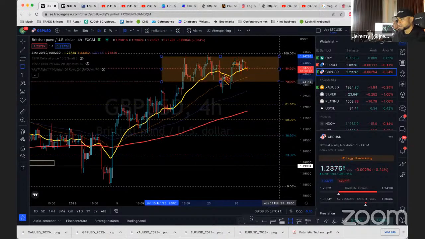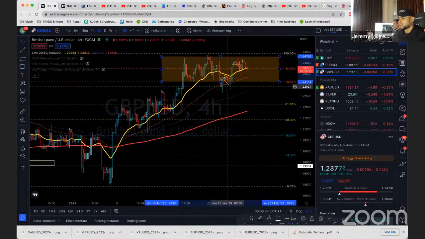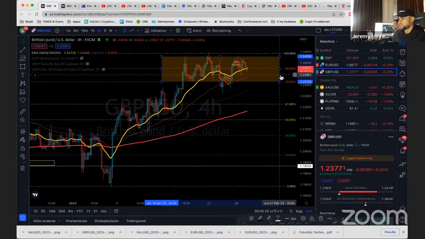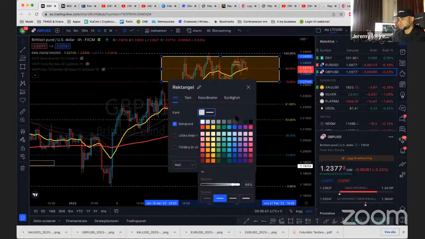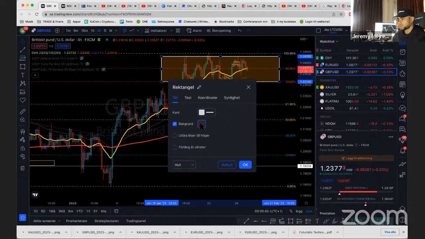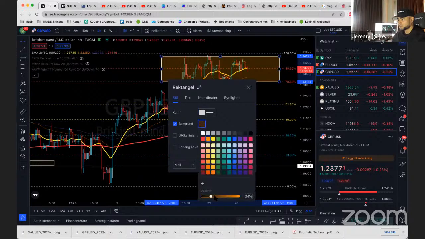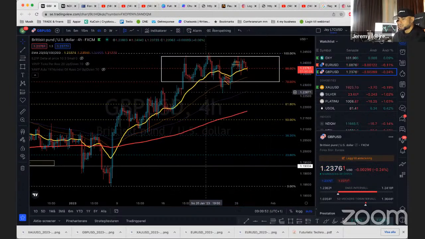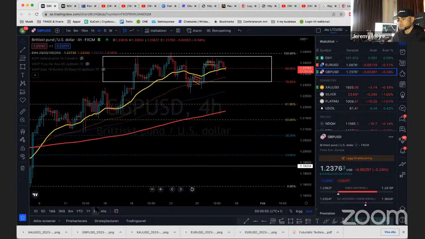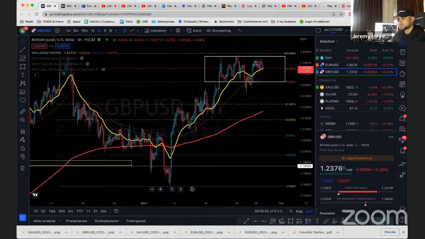This is the area within which we've been ranging. We paint this a little bit, and this can be fully transparent like that. Okay. Now let's just bring out the volume quick and see what the volume tells us.